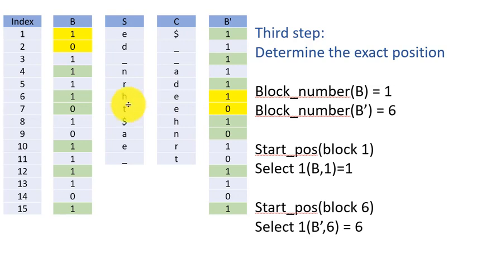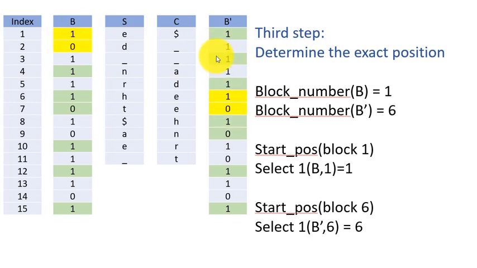The starting position of block 1. In order to find out the starting position of block 1, we need to know the position of the first one in block 1. So apparently there should be 1. And how many ones before this? There should be only 1.